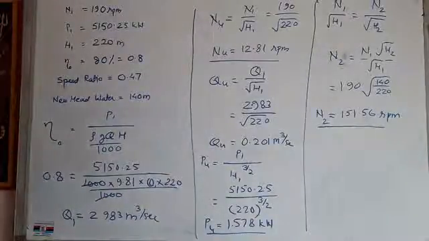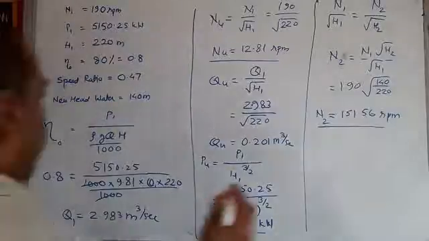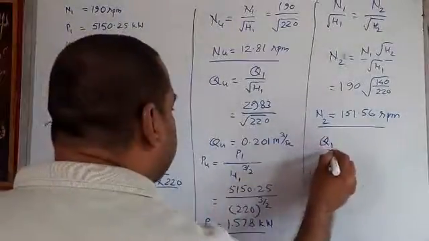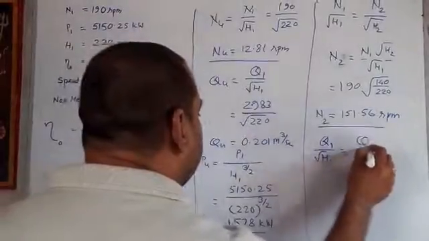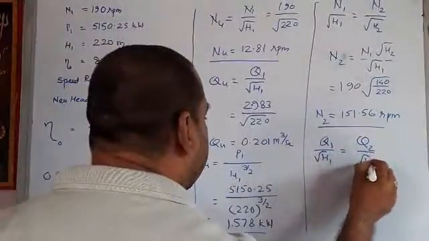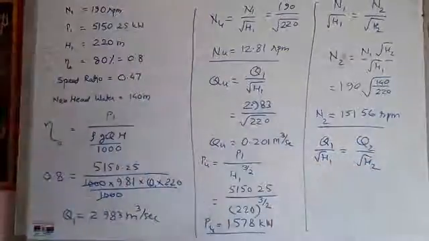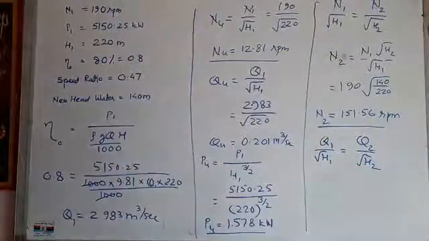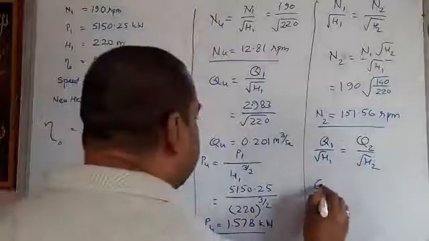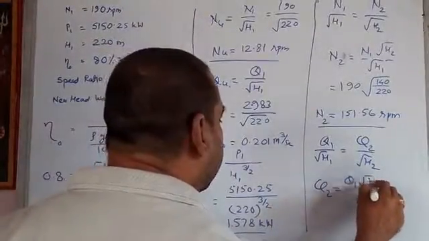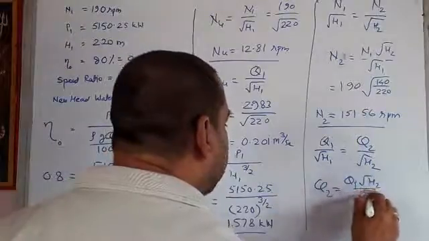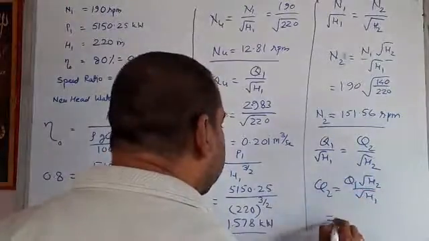And similarly, discharge: Q1 by root H1 equals Q2 by root H2. So Q2 equals Q1 root H2 by root H1.